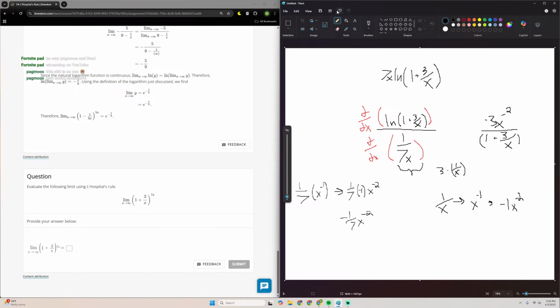The 1 disappears because it's just a constant, and this should be our final top equation. Right? 1 over x, x to the negative 1, negative 1 x to the power of negative 2. That's fine. Multiplied by 3. Yep, that should be it.